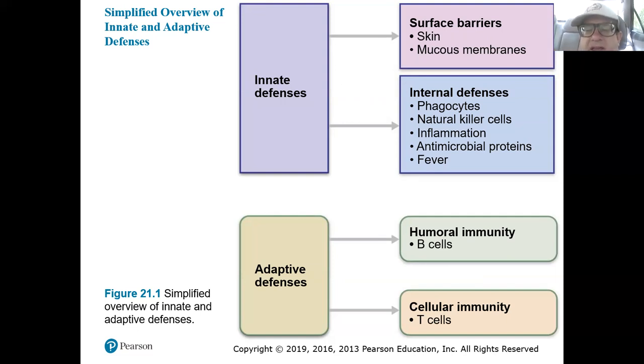Anyway, inflammation. We're going to know the sequence too, but what I meant to say is all the different symptoms for inflammation. And antimicrobial proteins. I really like the complement proteins. They're very cool, but we'll get into that. And the purpose of fever.